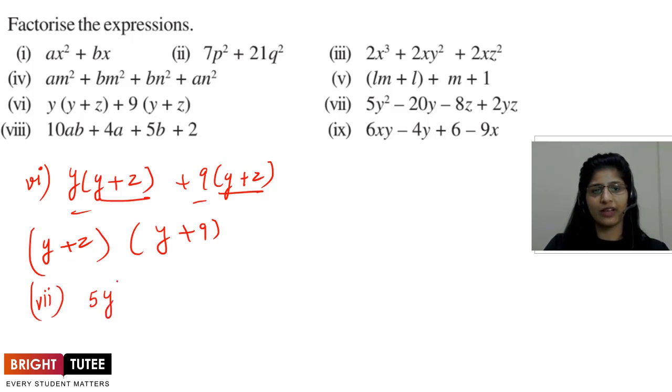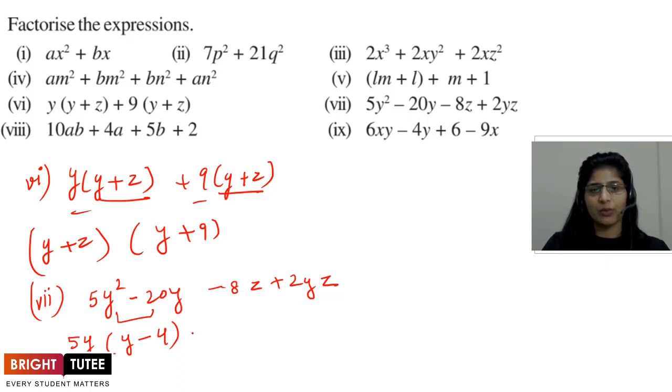Okay, now comes the seventh part. In that we have to solve 5y square minus 20y minus 8z plus 2yz. So if we group them, out of these two, y is common and 5 is also common. 5y is common, so we'll write y minus 4, since 5 4s are 20. Here we can take 2 common, and here we can take z common. If we take minus 2 common, then minus 4 would be left.